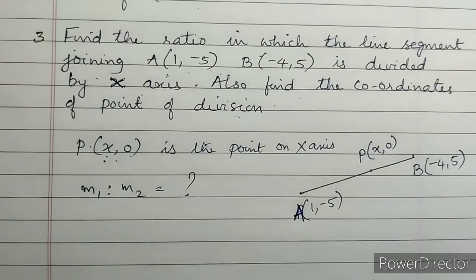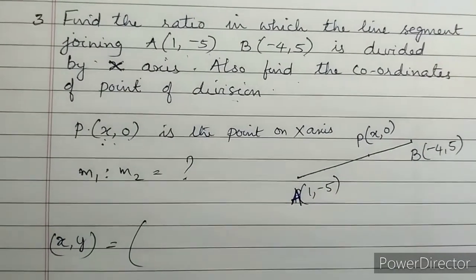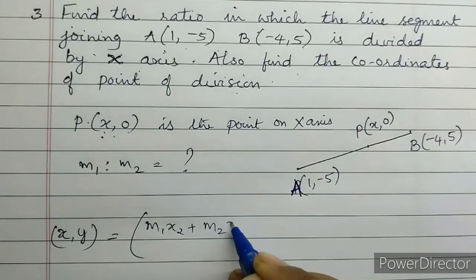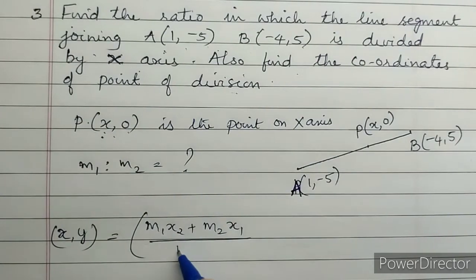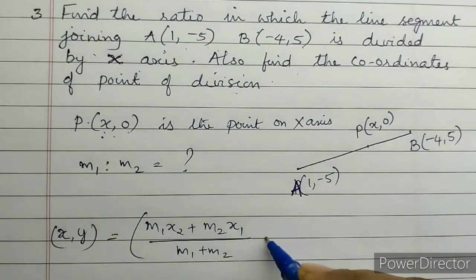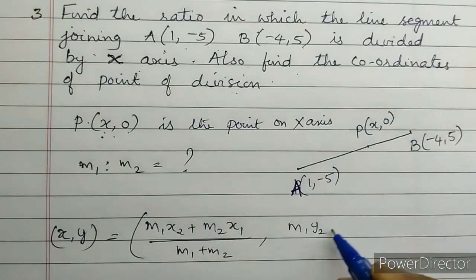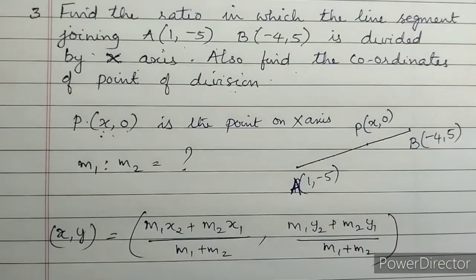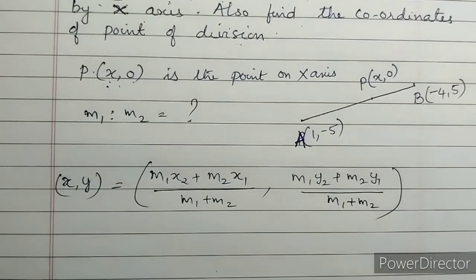Now as usual you should write the section formula. Section formula: (x, y) equals (m1 x2 plus m2 x1) divided by (m1 plus m2), comma, (m1 y2 plus m2 y1) divided by (m1 plus m2). Now you have to substitute the values.